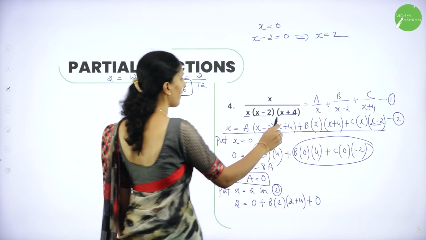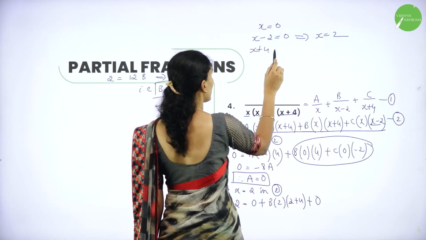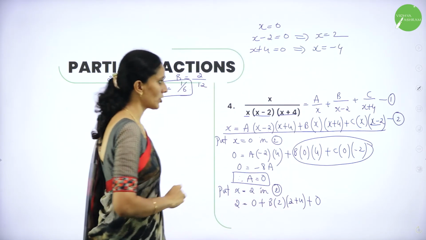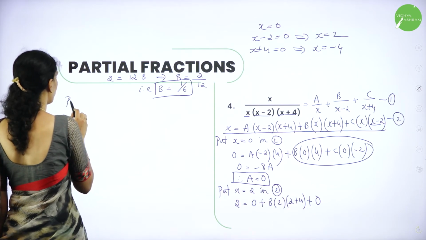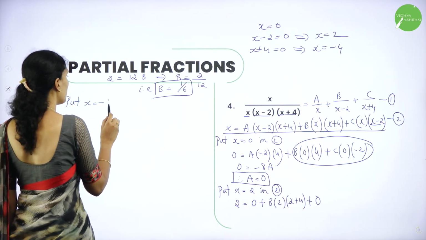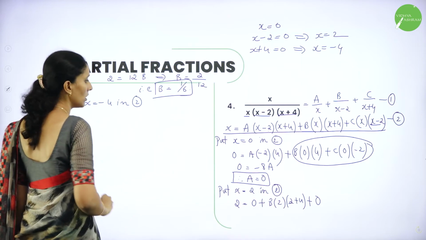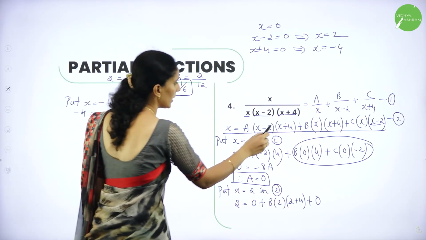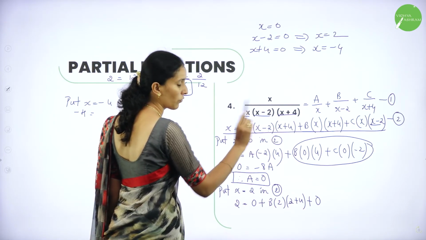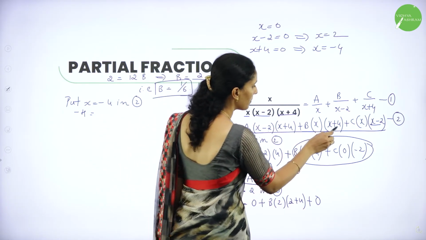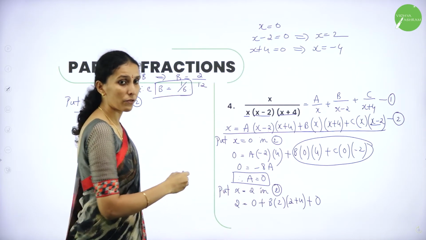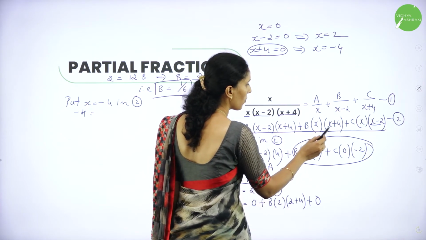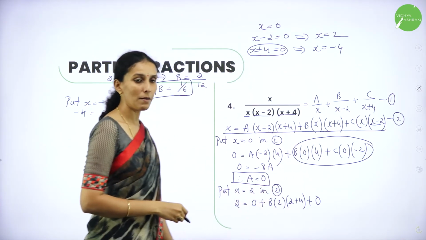Next, one more linear factor we have, x plus 4 is equal to 0. If you put x is equal to minus 4 in equation 2, what happens? If you put x is equal to minus 4, the term A gets cancelled because minus 4 plus 4 becomes 0. The term B also gets cancelled. You have x plus 4 there, and we have taken x plus 4 as 0, so 0 into x into B becomes 0.